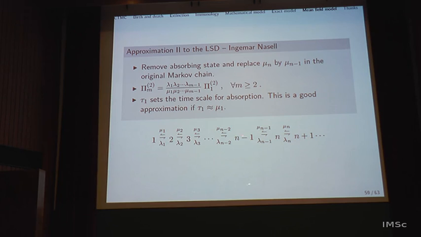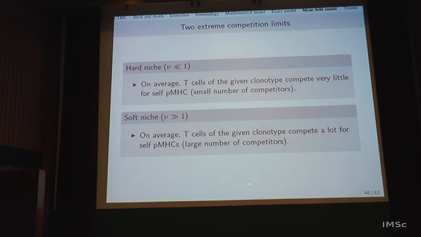There are no absorbing states here, so you get a proper stationary distribution in that sense. And with pencil and paper, you can do that. And then from an immunological context, the parameter that makes a qualitative difference more than a quantitative difference is this competition index nu.